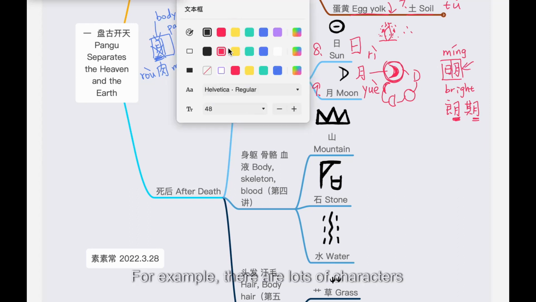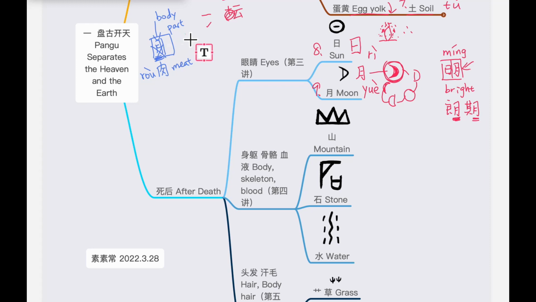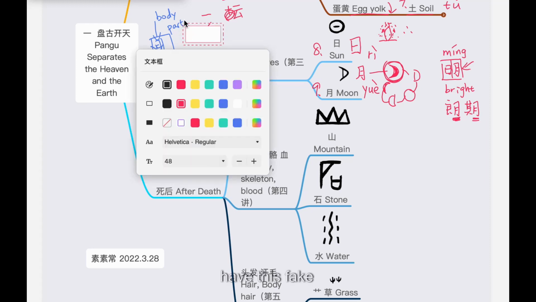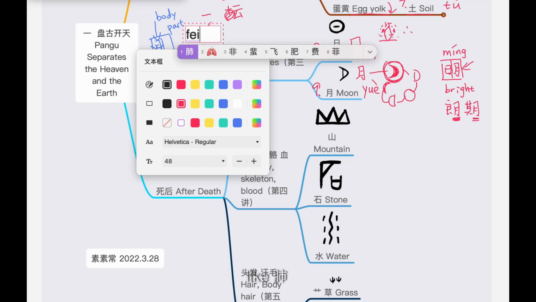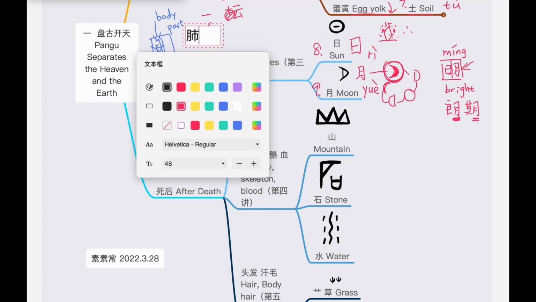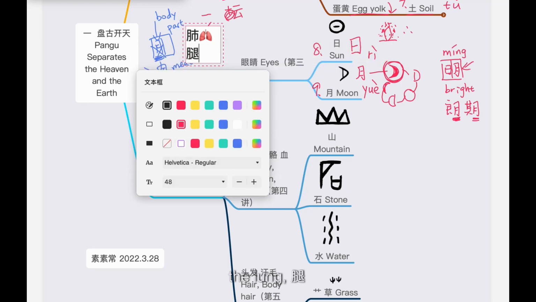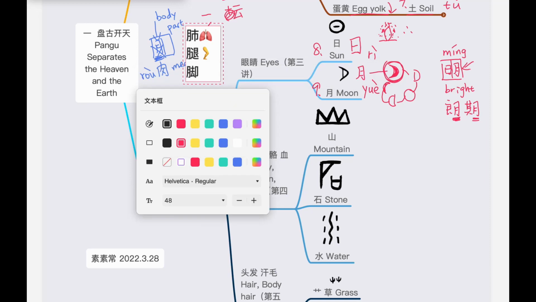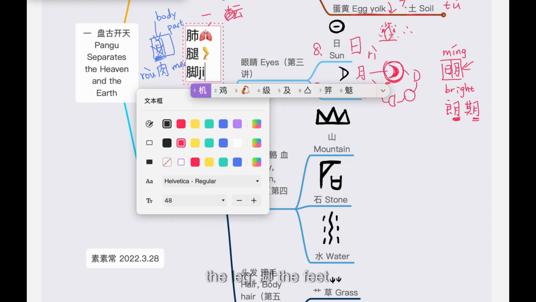For example, there are lots of characters that have this fake 月 on the left, meaning body parts, like 肺, the lung, or 腿, leg, 脚, the feet.